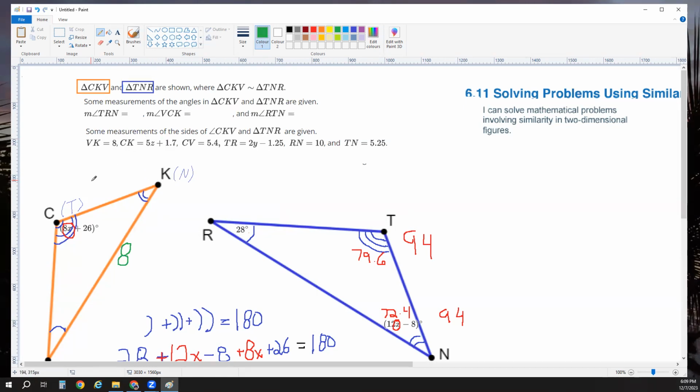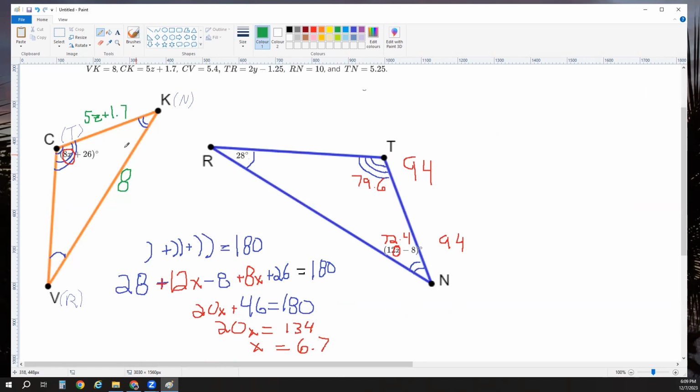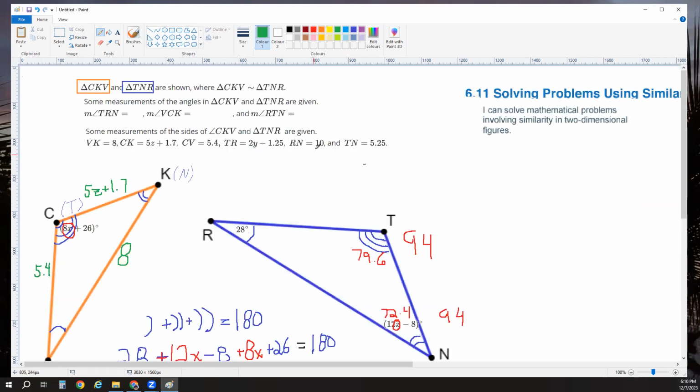CK is 5z plus 1.7. And then CV here is 5.4. All right. And then our other side here, it is supposed to be proportional.